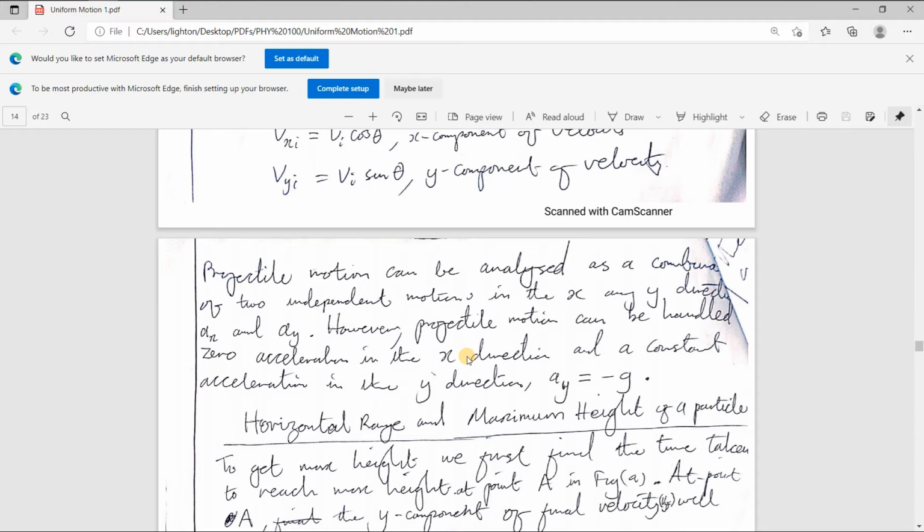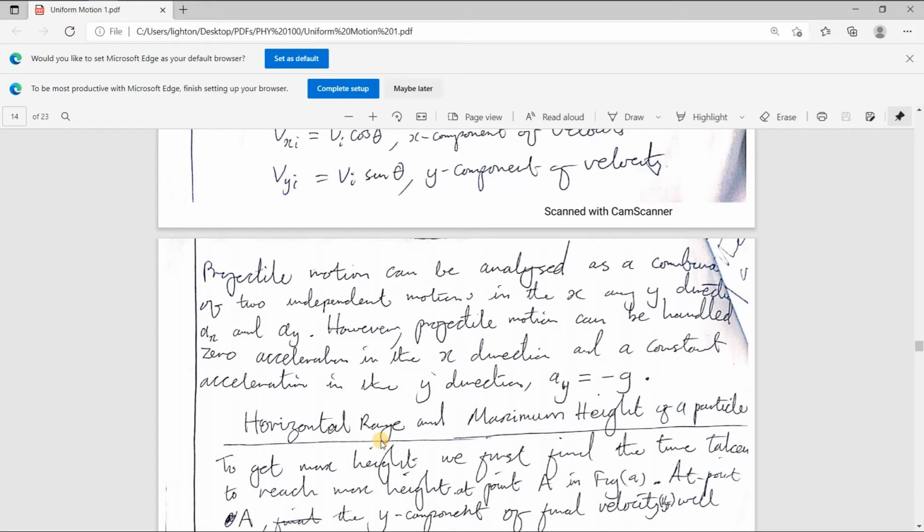The horizontal component of acceleration is always zero. And in the y direction, we have a constant acceleration equal to gravity, which is A subscript y equal to minus g. This minus comes in because we choose up as positive in most cases, but gravity is always directed downwards. That's why there is a minus here.